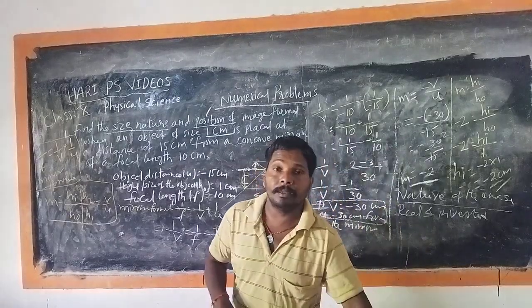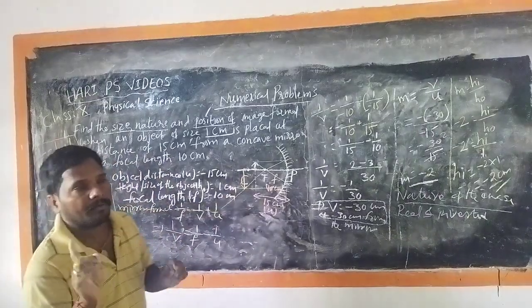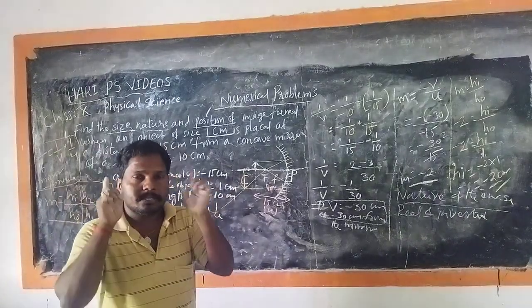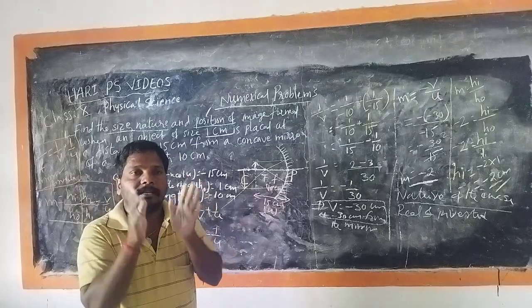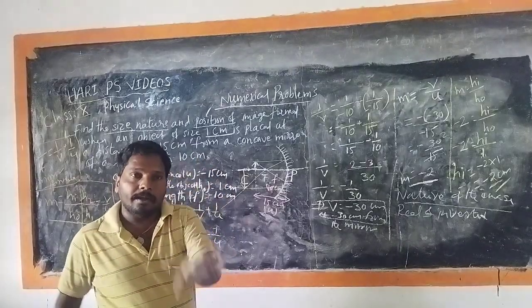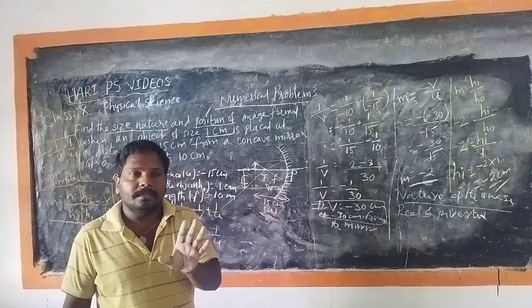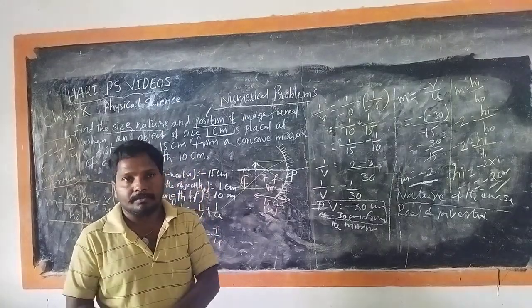Like that, problems will come in the examination. To solve them, the only way is first to understand the sign convention rules, apply the suitable formula, then practice the problems.